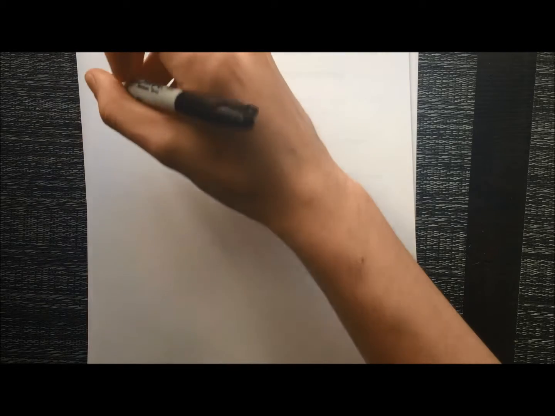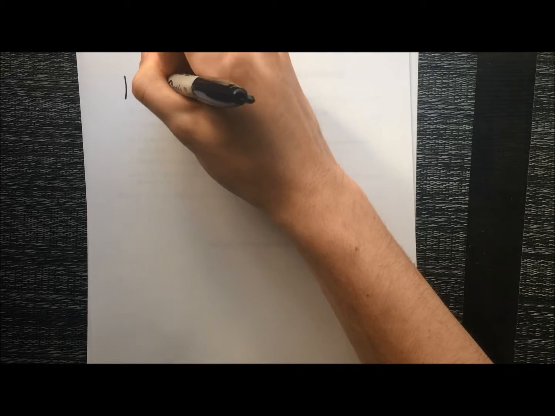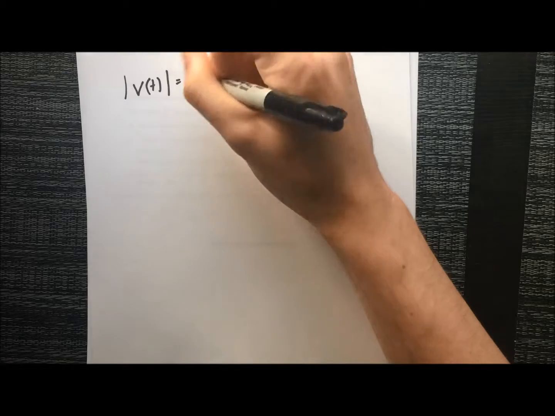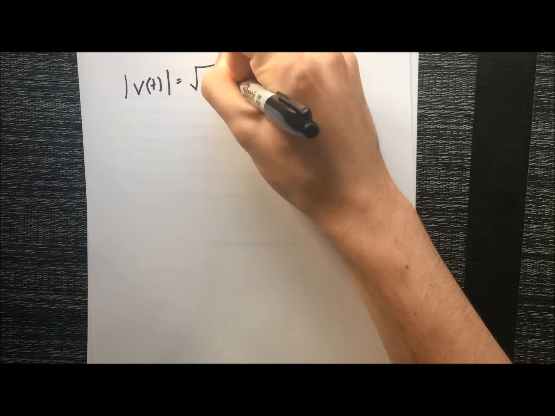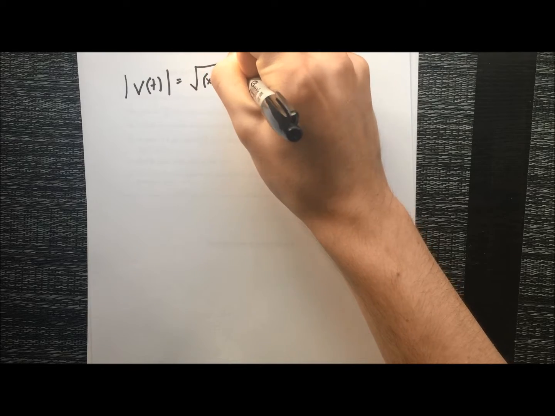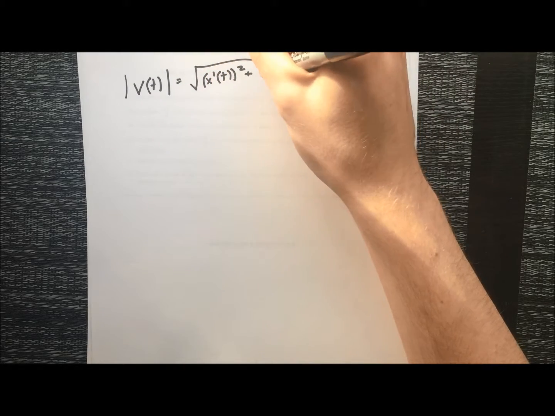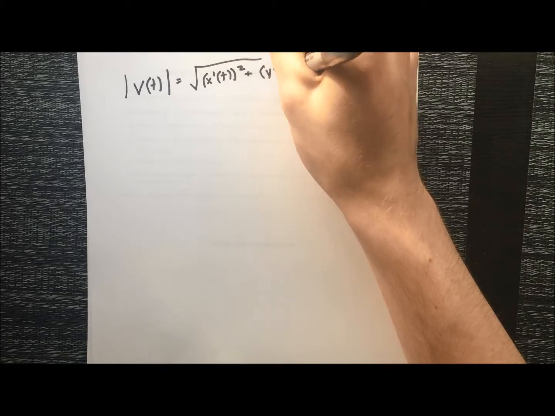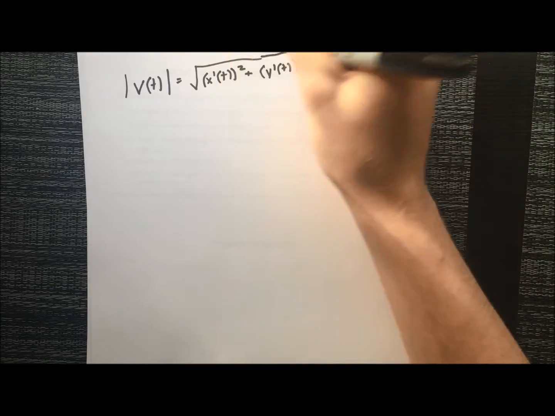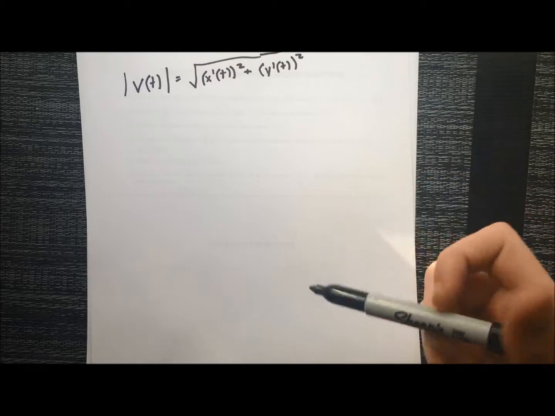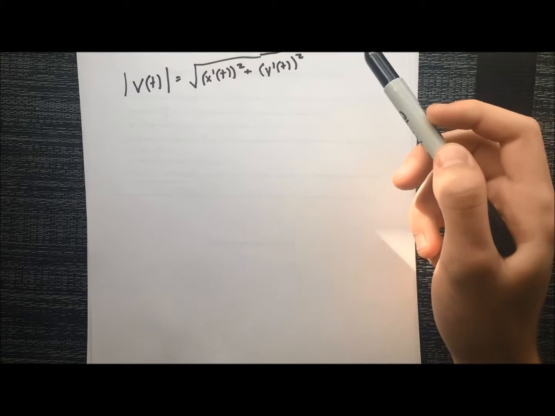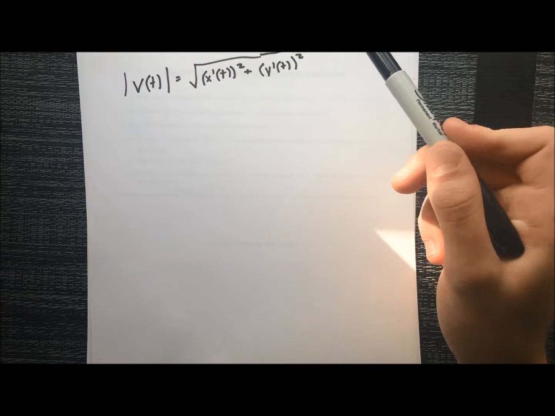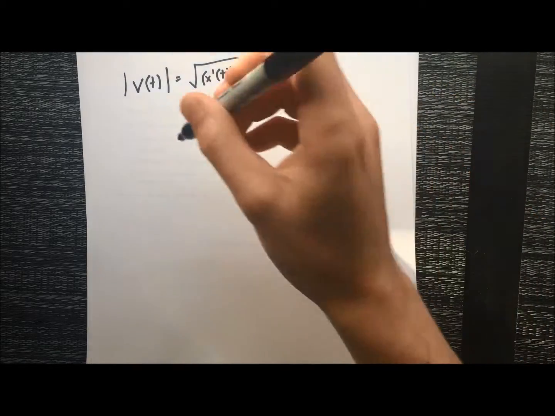Therefore, all speed equations are represented as the square root of x prime of t squared plus y prime of t squared. Now since we're solving at time t equals 2, we're solving for x prime of 2 and y prime of 2, which happen to be the same values we used to find the slope in the previous problem.